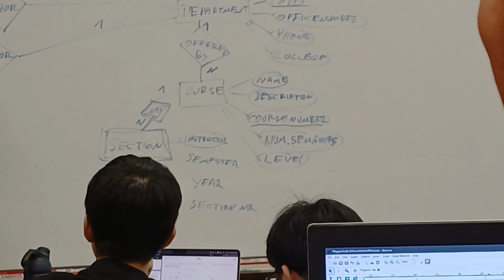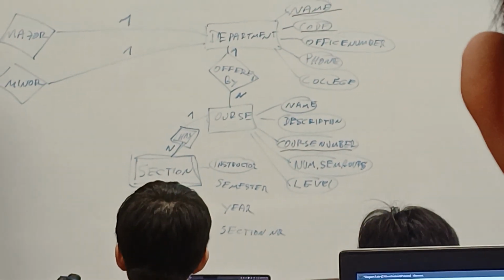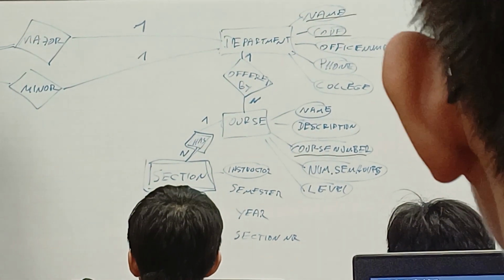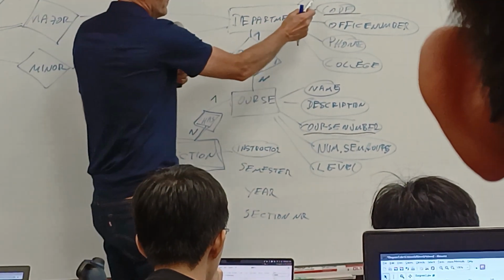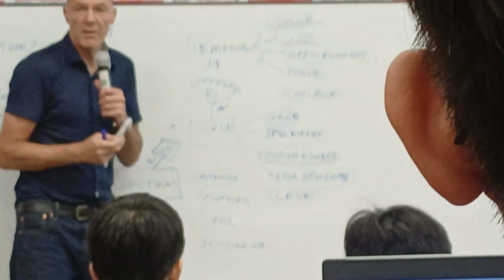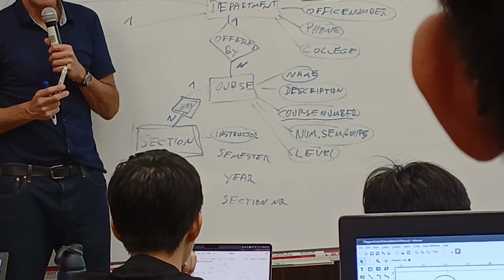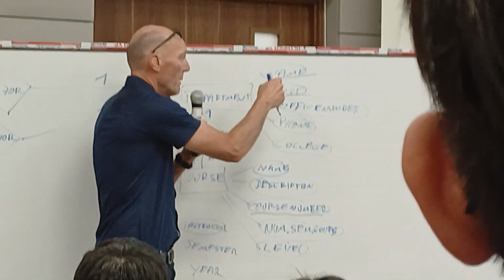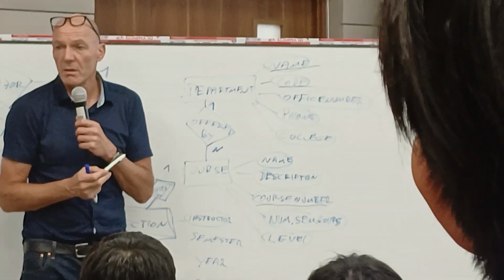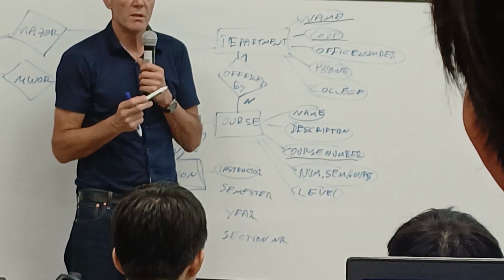So how do I model this now? How do I model partial keys? Dashed line. What is the meaning of these attributes being underlined? Primary key. Key attribute. Is that one key attribute or are both individually unique? Both are individually unique.